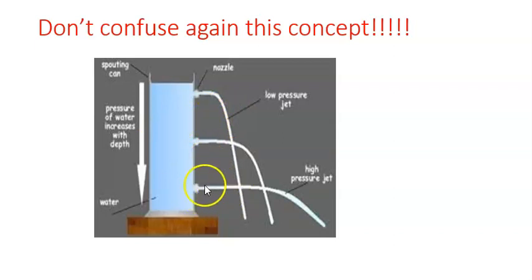The pressure at the bottom will be higher than the pressure at the top. So the first one has the highest pressure, this one has less pressure, and this one has a very small pressure. That's why even its distance of dispersing water is very short.